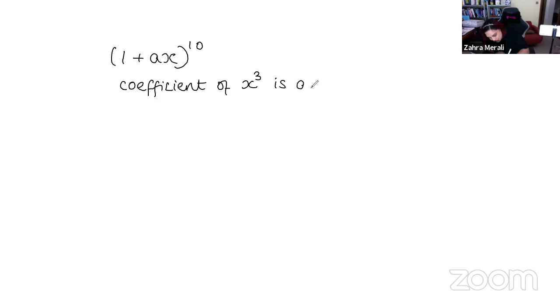So let's take an example of an exam question where you would use this. All right, so we've got in an expansion of 1 plus ax to the 10, and it tells you the coefficient, which just means the bit in front of, the coefficient of x cubed is double the coefficient of x squared.